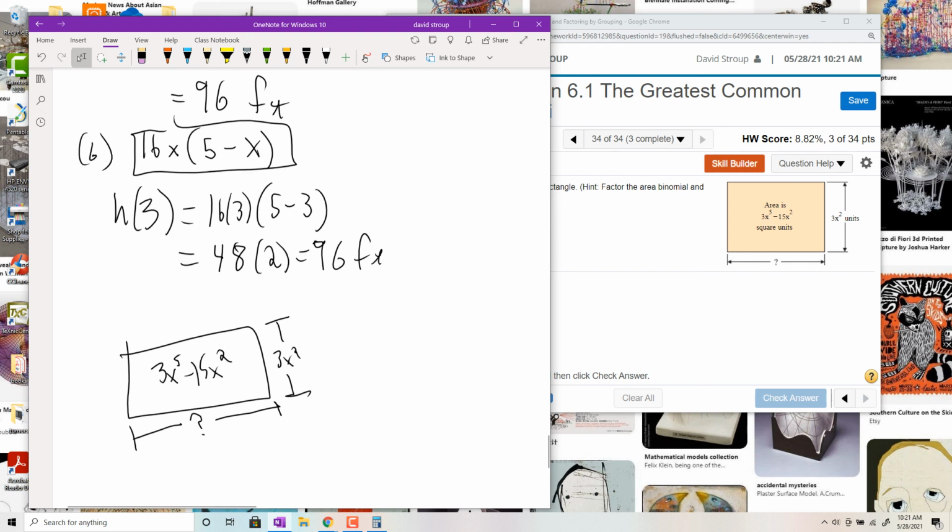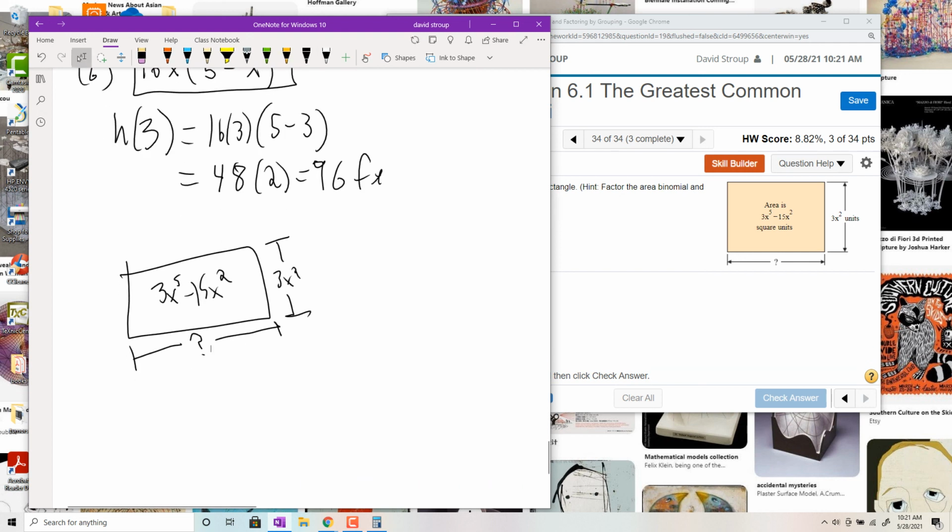So how would I do that? Well, length times width equals area. So 3x squared times this unknown part, which I'll put in parentheses, equals 3x to the 5th minus 15x squared. Once you set it up like that, it's kind of like a distribution, just in reverse order.